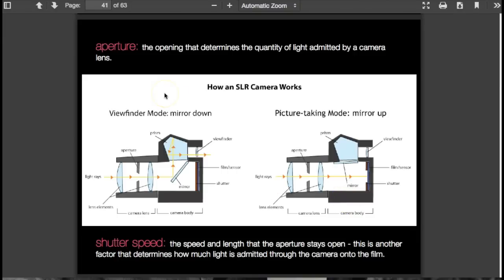There are different ways that we can control light when we're using a camera, and the two main ones are aperture and shutter speed. The aperture is the opening that determines the quantity of light that is emitted by a camera lens. It can either open a very tiny bit or it can open a lot. This is called f-stops in photography.